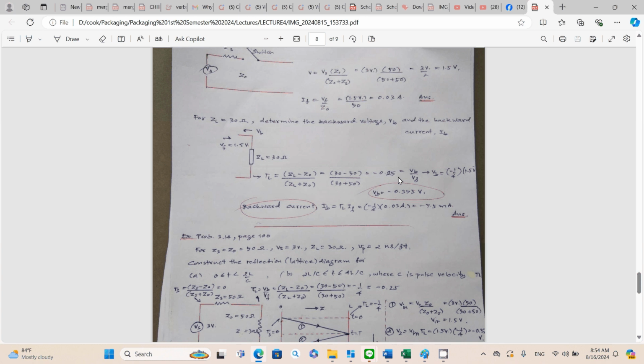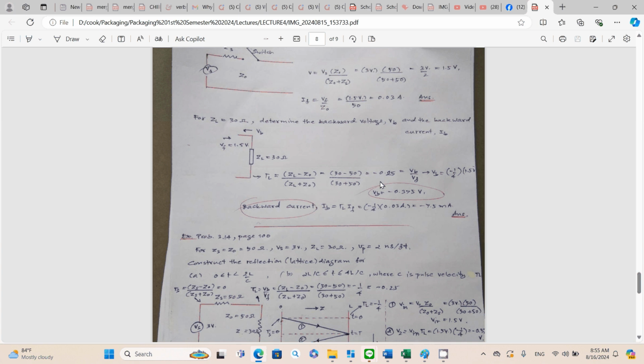Since the reflection coefficient actually equals the backward voltage divided by the forward voltage, VB divided by VF, you end up with VB equal to negative 0.375.